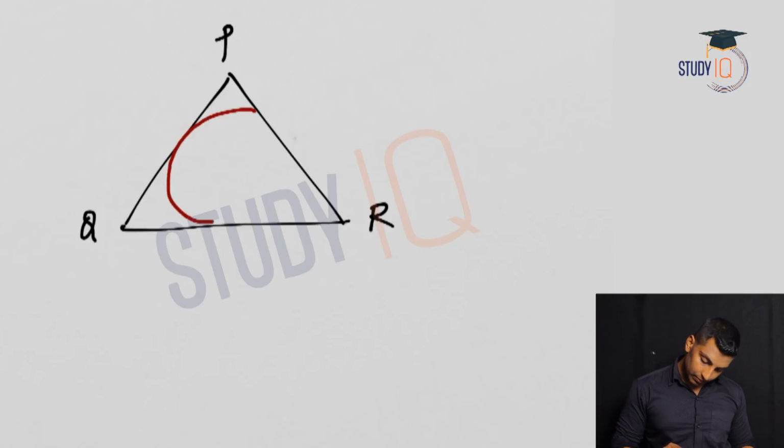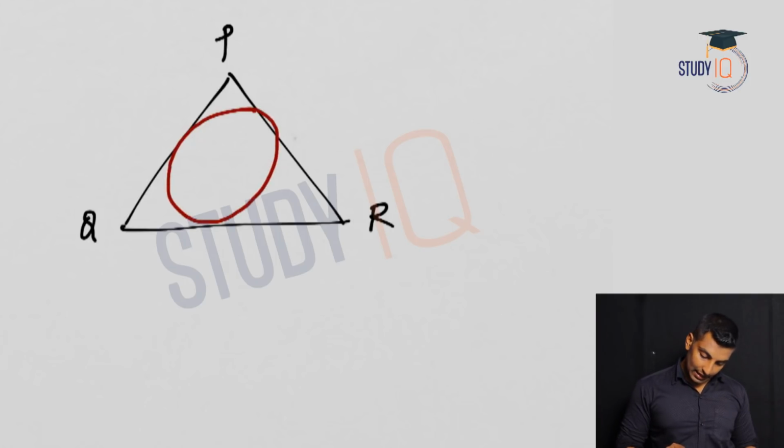Okay, one more question. You have a triangle PQR, and the incenter is given. So O is the incenter, and keeping that as center, you can draw a circle.